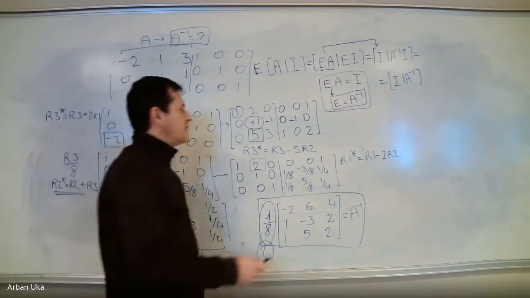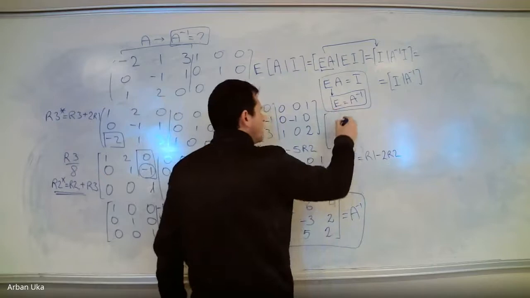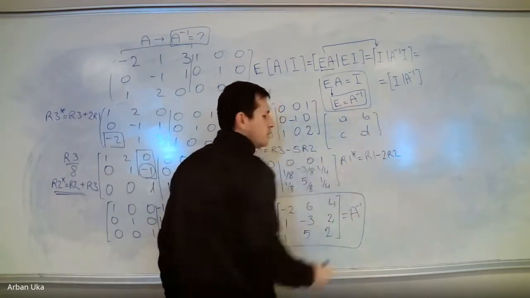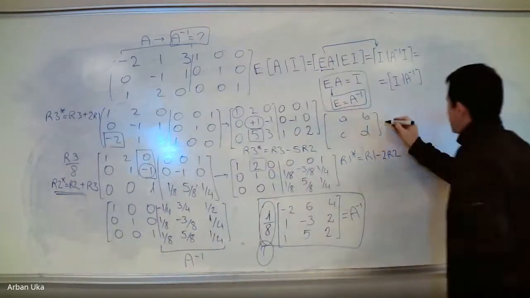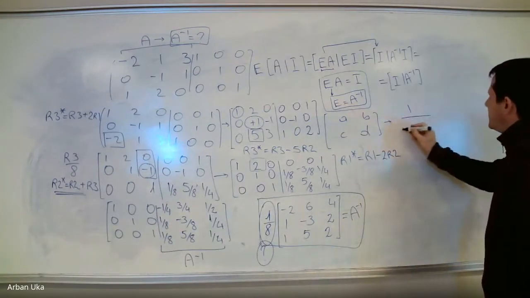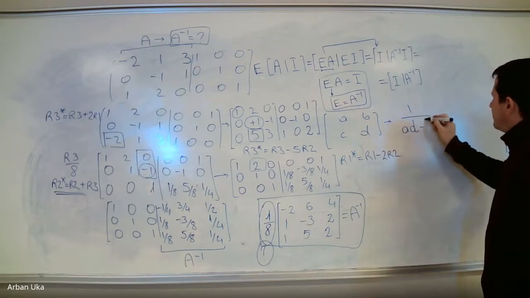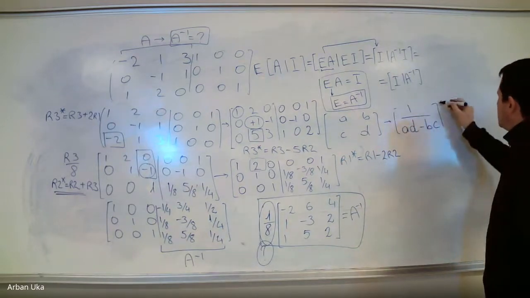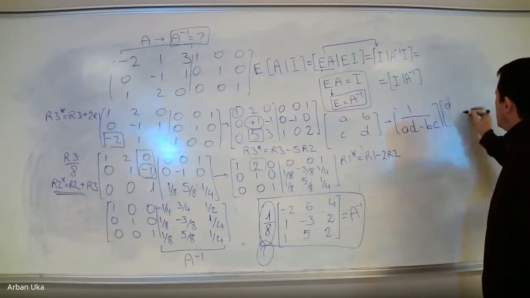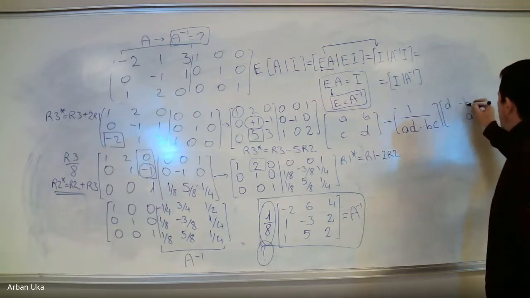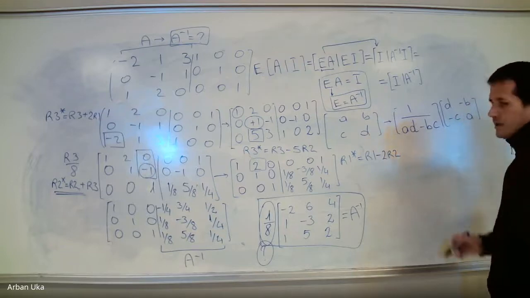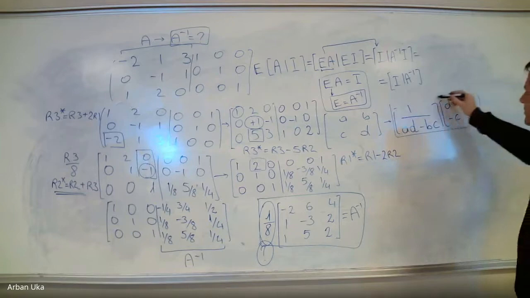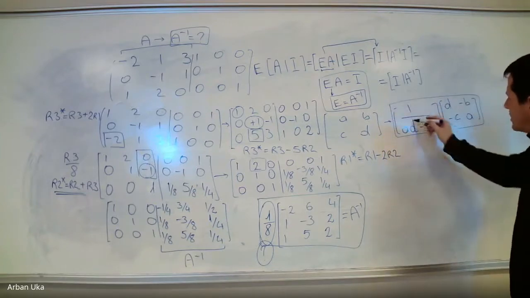We just said that for any matrix with rows A, B and C, D, the inverse was 1 divided by A times D minus B times C, times the matrix D, minus B, minus C, A. So the same question remains: what could this number be?